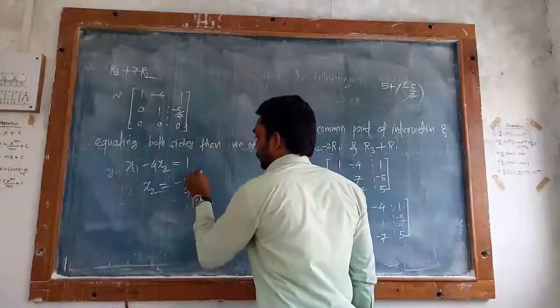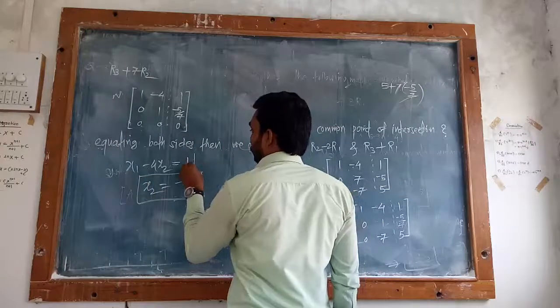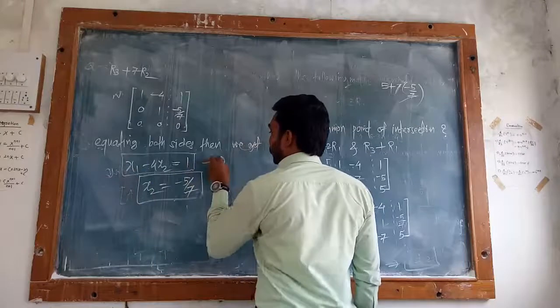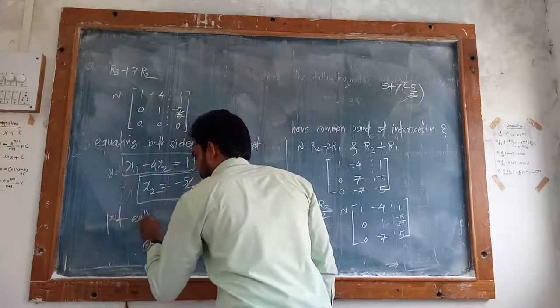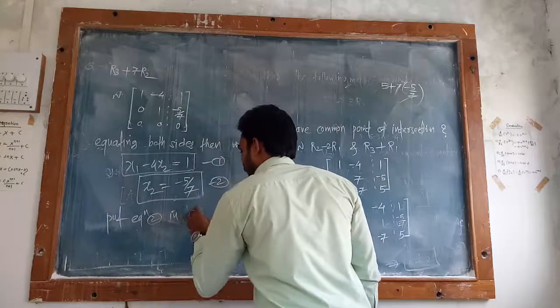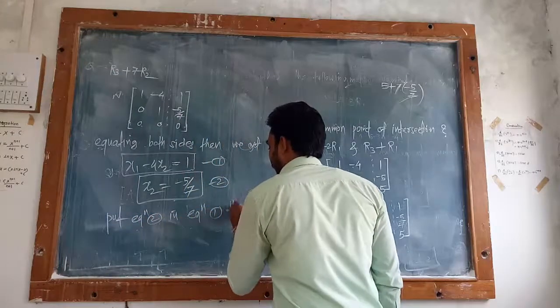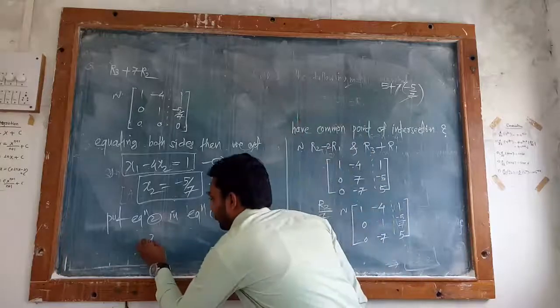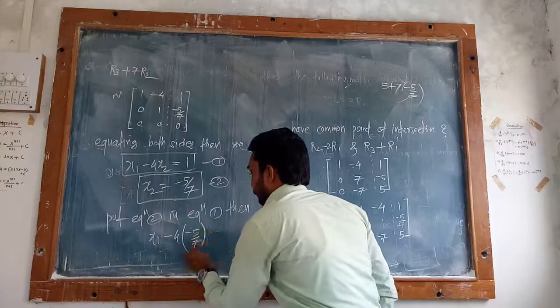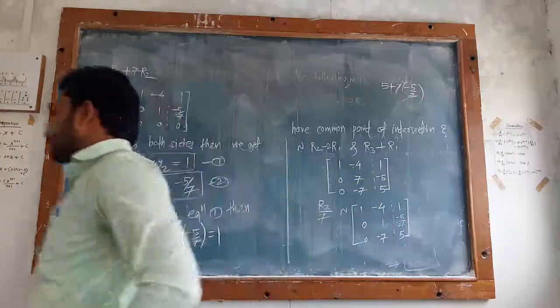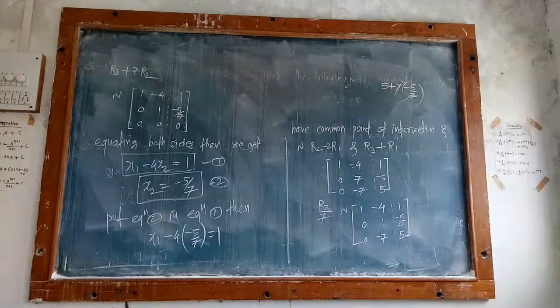Put this value of x2 in equation 1, that is the above equation, called equation 1, and this called equation 2. Put equation 2 in equation 1, then we get the value of x1: x1 minus 4 into x2, which is minus 5 by 7, equal to 1. Again this minus, plus. So 4 into 5 is 20, right?